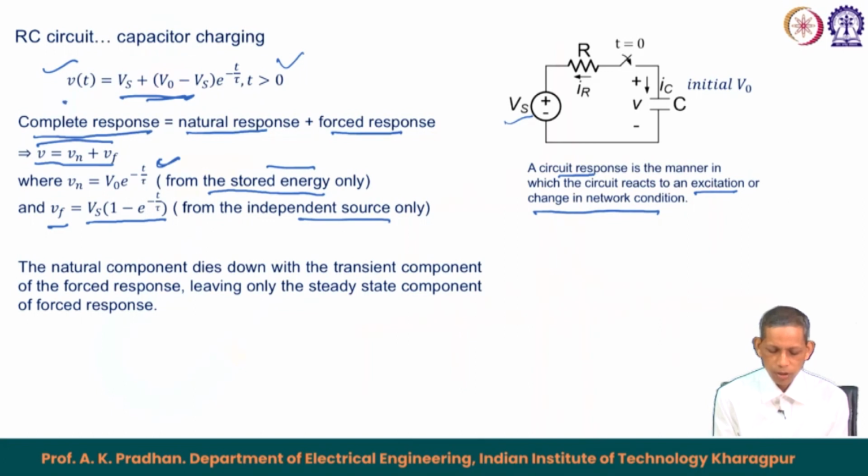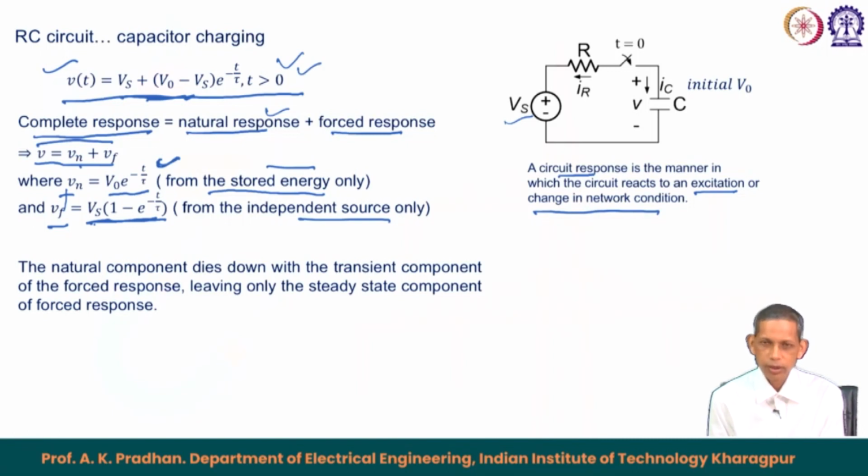So, in this expression for V t we have two components, one is the natural response, and the other is the forced response component. The natural response is from the stored energy of the capacitor, that part is V naught e to the power minus t by tau, and the forced part is V s times (1 minus e to the power minus t by tau). Adding these, V n plus V f, we get the complete response.